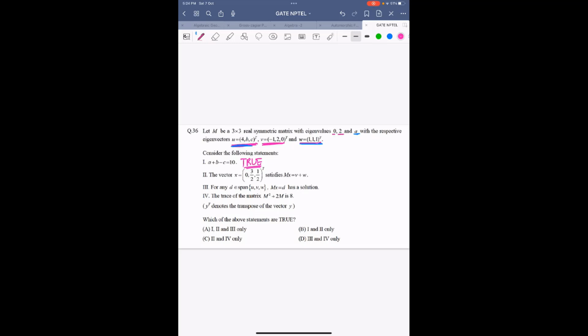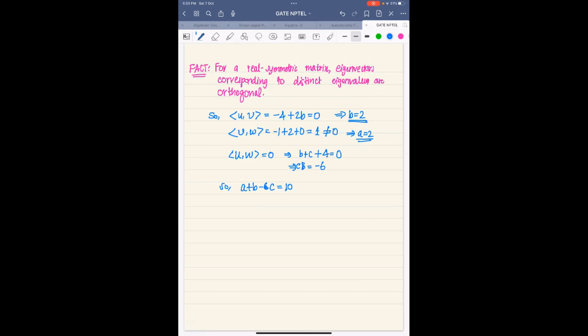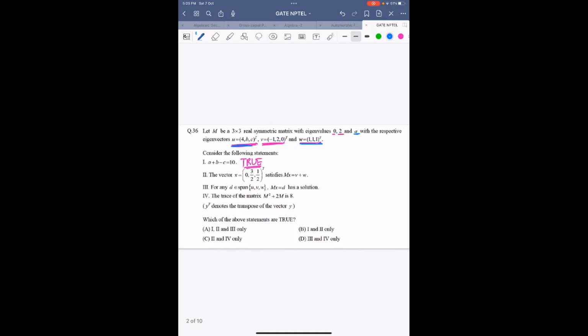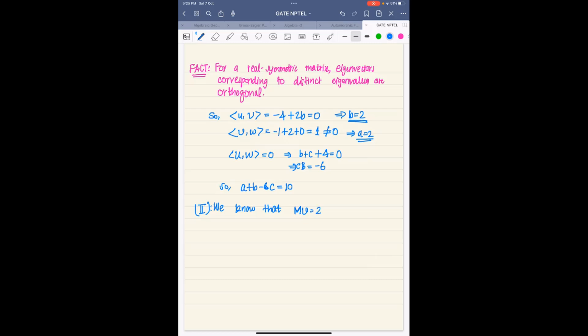For the second statement, we know that Mv is equal to 2v and Mu is equal to 2u.